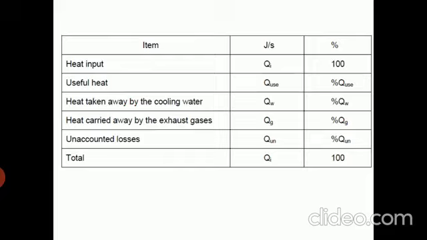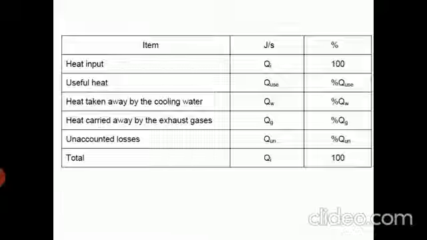If you are adding useful heat percentage, heat carried away by cooling water percentage, heat carried away by exhaust gases percentage, unaccounted heat losses percentage, you should get 100%. If these two things are satisfied, it means your problem is correct.